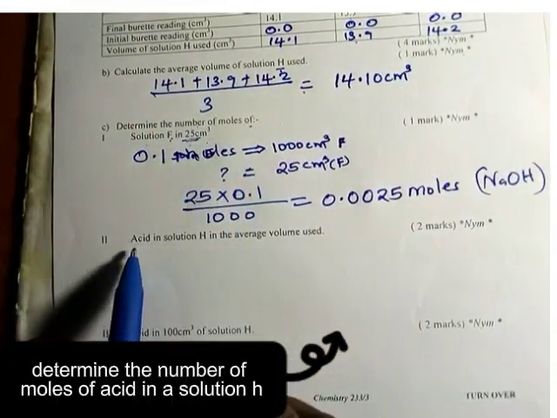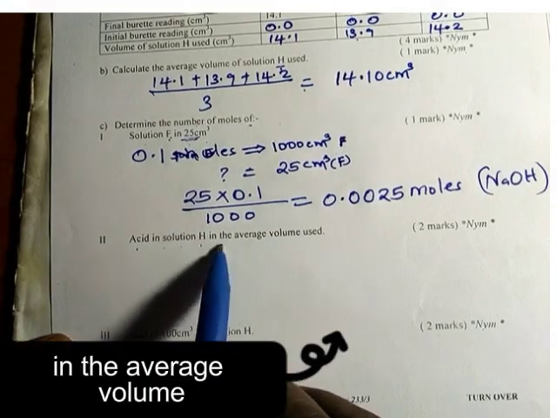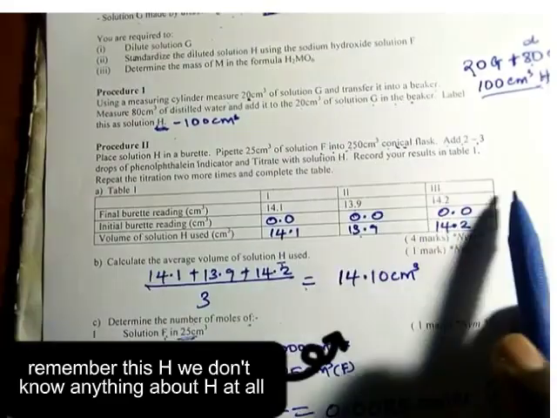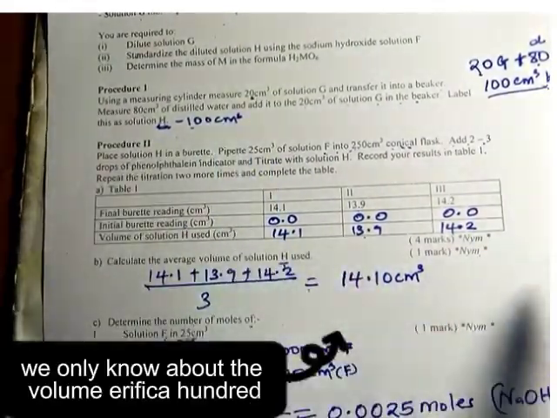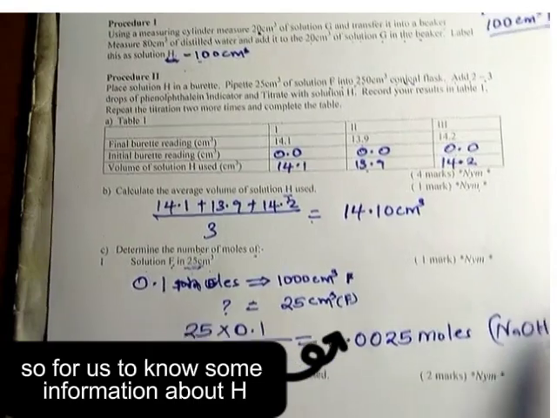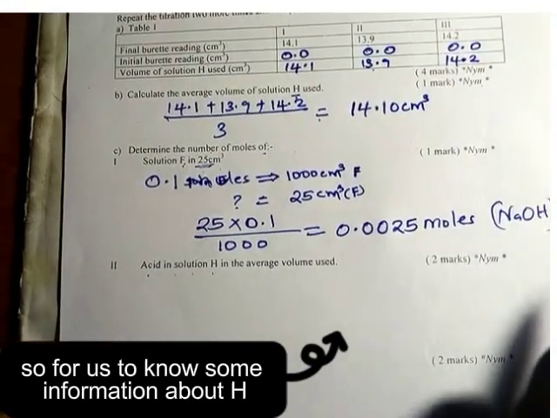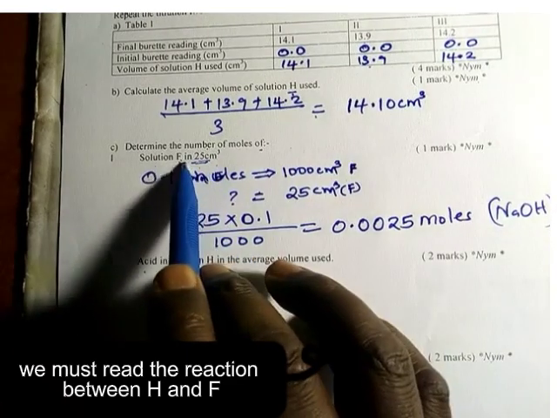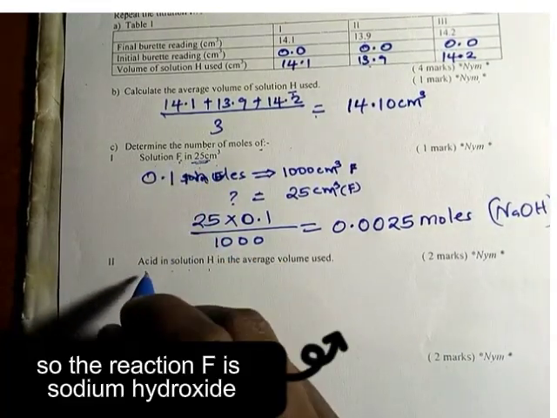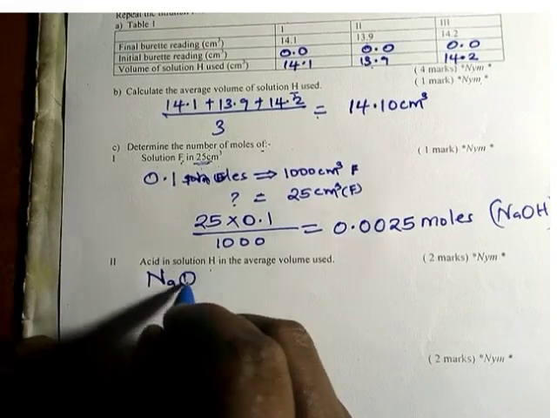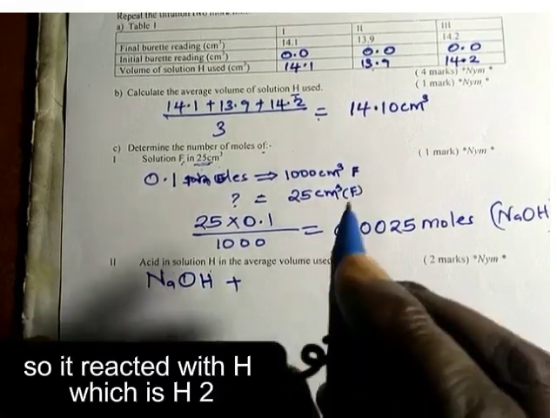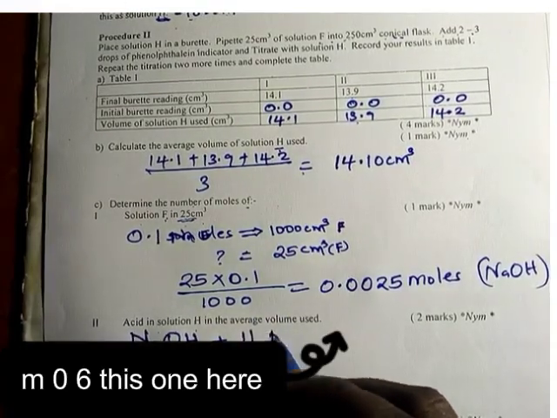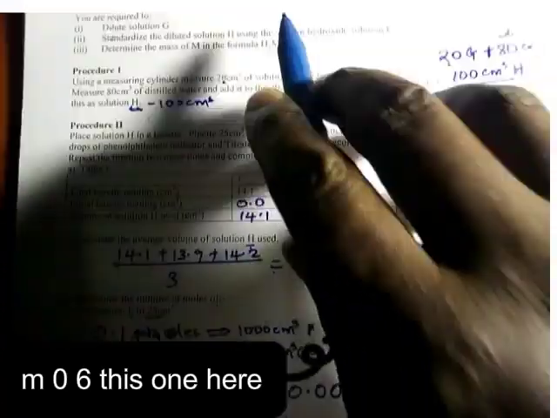Determine the number of moles of acid in solution H in the average volume. Remember, we don't know anything about H at all. We only know about the volume. So for us to know some information about H, we must write the reaction between H and F. F is sodium hydroxide, and it reacted with H, which is H2MO6.